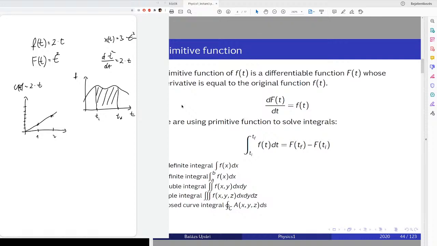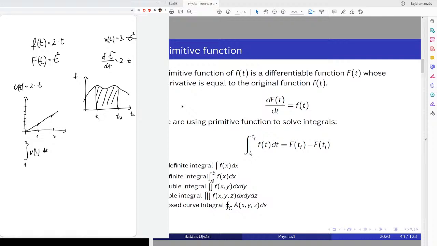What if I try to integrate this v(t) function from 1 to 2, and write dt here, because there can be functions that depend on different variables, and in this case we want to integrate with respect to the t variable, based on the time.